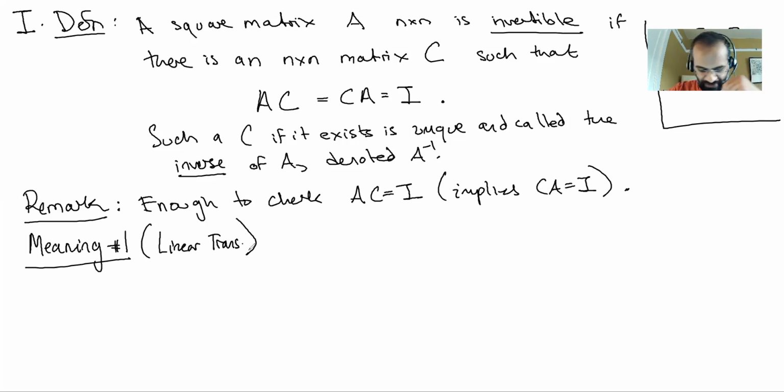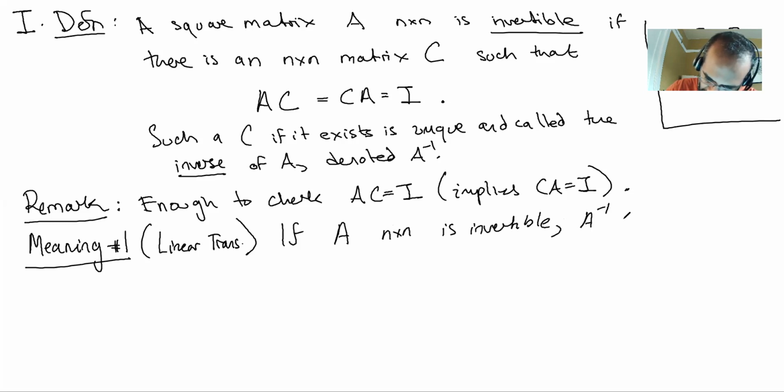And the meaning here is that if A, n by n, is invertible, then A inverse is the standard matrix of the inverse linear transformation of multiplication by A. It is the standard matrix of TA inverse.